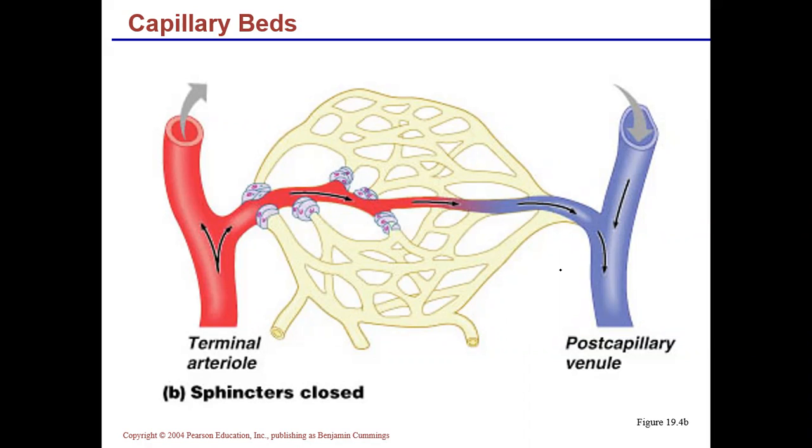After that, as you can see, the blood enters the venules. First are the smallest venules, the post-capillary venules, and then the smaller venules, and then the veins.